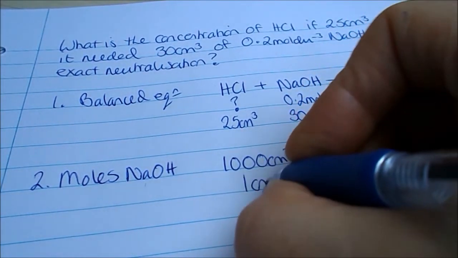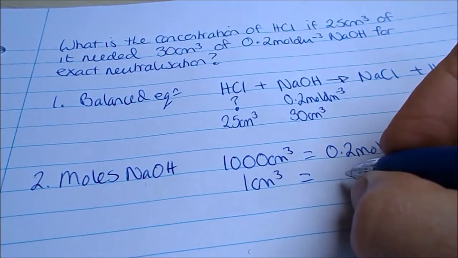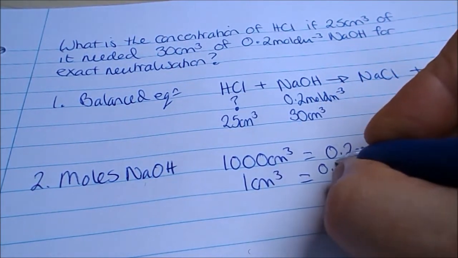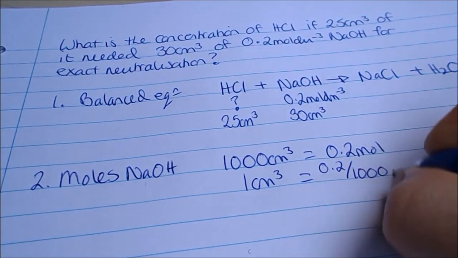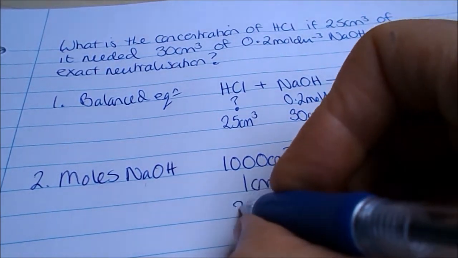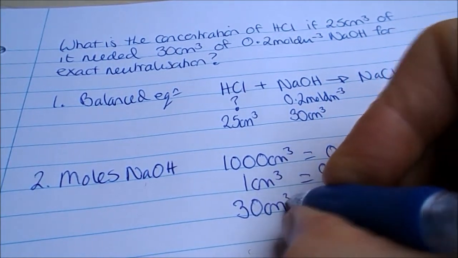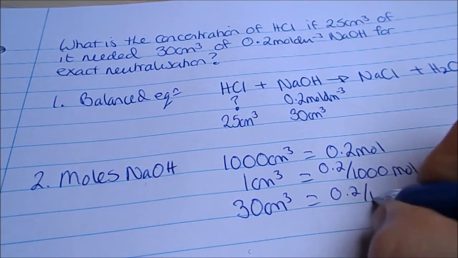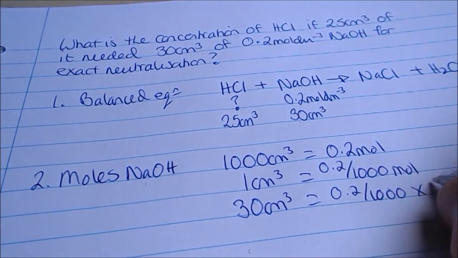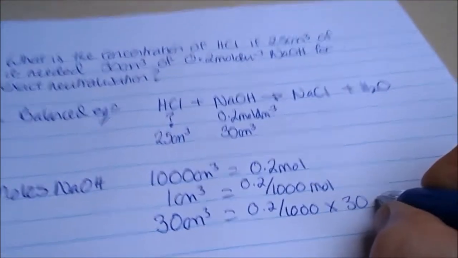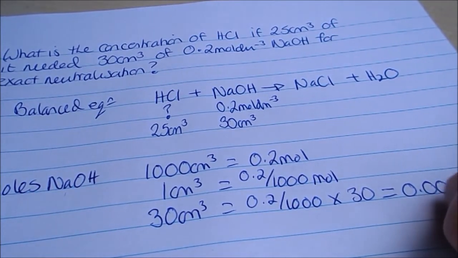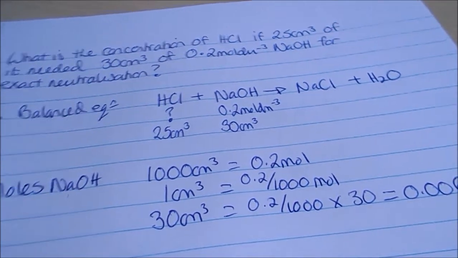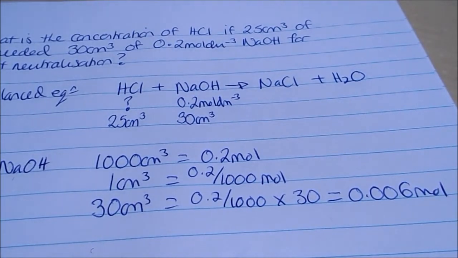So in 1 centimetre cubed, we've got 0.2 over 1,000. And then what we actually used was 30 centimetres cubed. So 0.2 over 1,000 times by 30, and that is 0.006 moles. Okay, so that is the moles of sodium hydroxide that we've got.